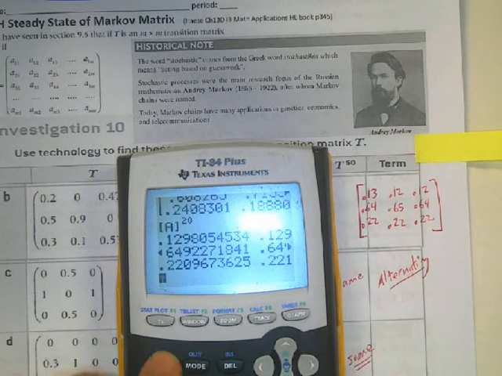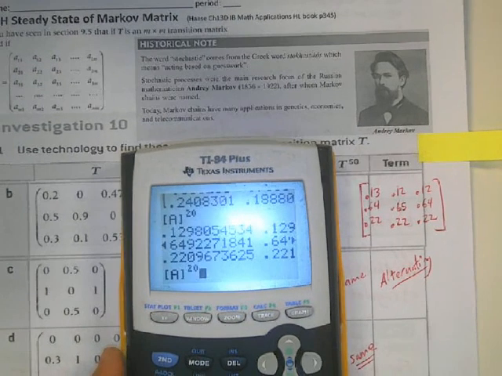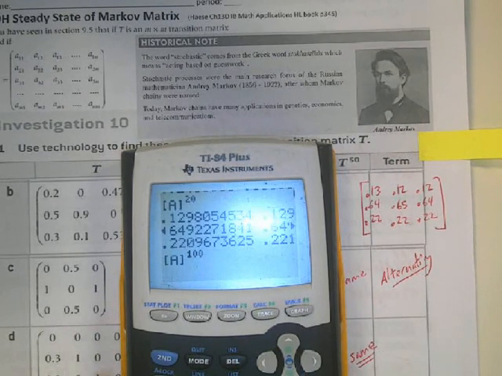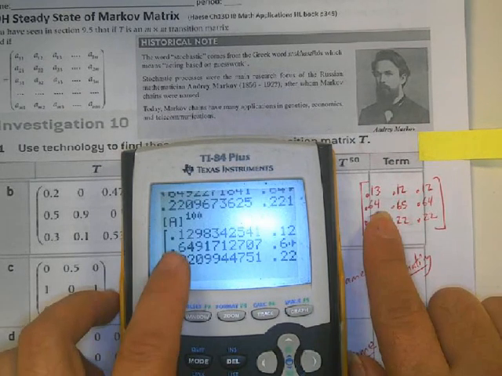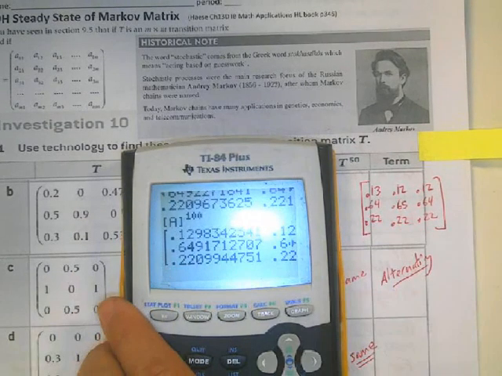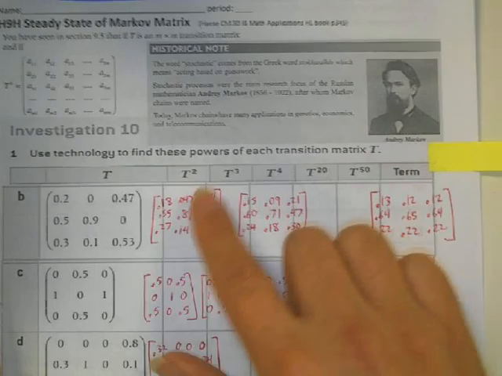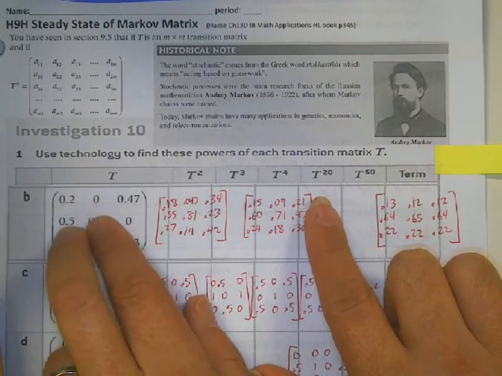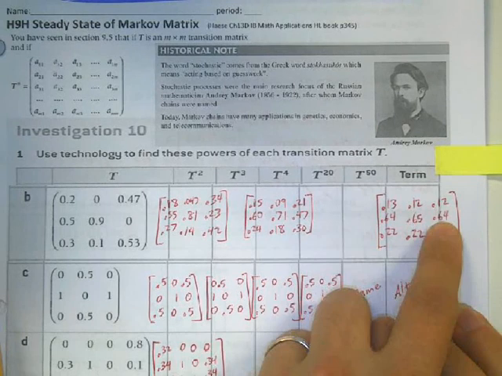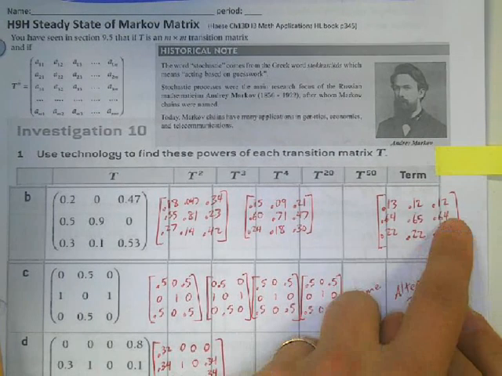So what if I do this to the 100th power? Notice how they're going to be the same. So what is happening as the powers of the transition matrix get bigger and bigger and bigger, they start to converge, and the matrix starts to be the same.